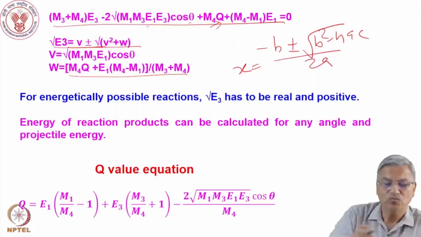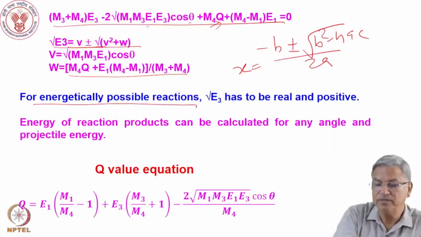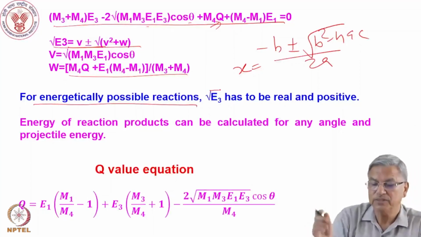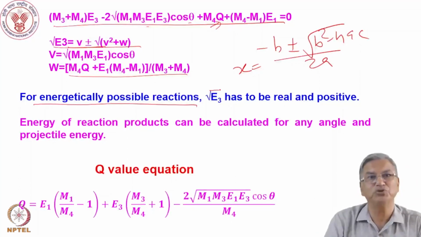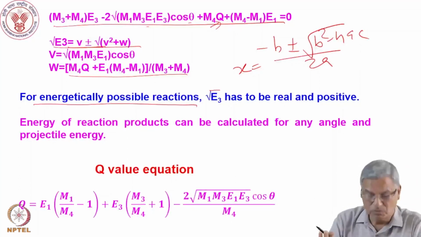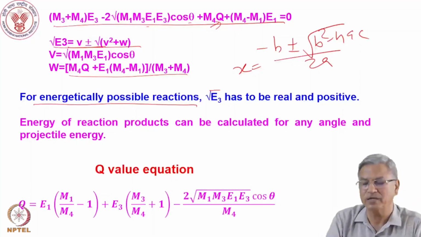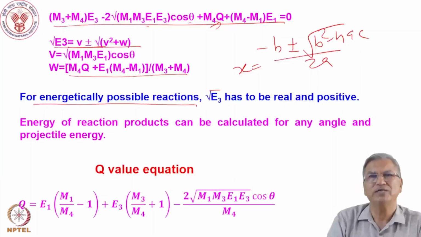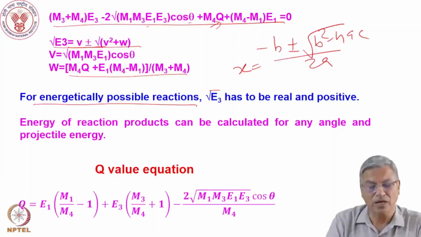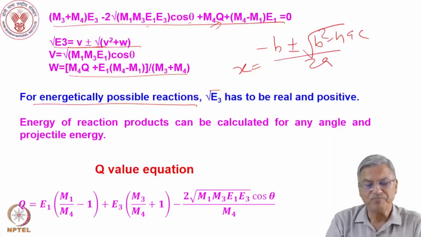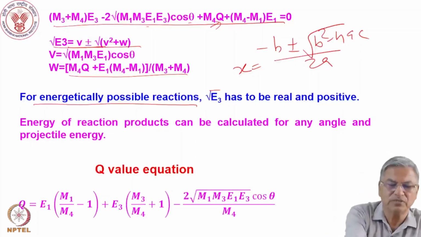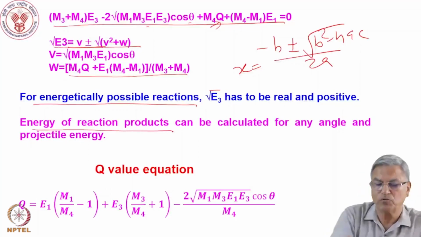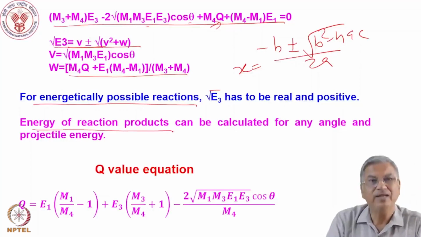So for an energetically possible reaction, root E3 has to be real and positive. So sometimes there will be situations where some roots are imaginary or negative, so those roots are ruled out. So based on this equation, you can calculate the energy of reaction products for any angle and projectile energy.